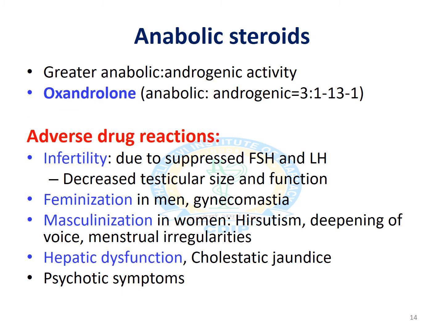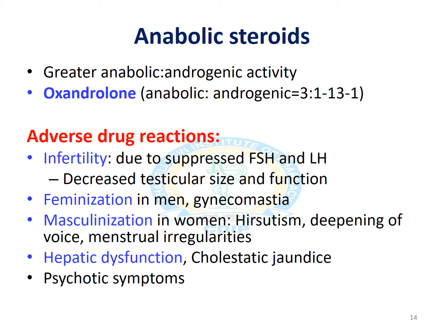Then anabolic steroids, they have a greater anabolic to androgenic activity ratio. For example, oxandrolone has a 3:1 to 13:1 ratio of anabolic to androgenic activity. The major adverse drug reactions include infertility due to the suppression of follicle stimulating hormone and luteinizing hormone secretion, and decreased testicular size and function.